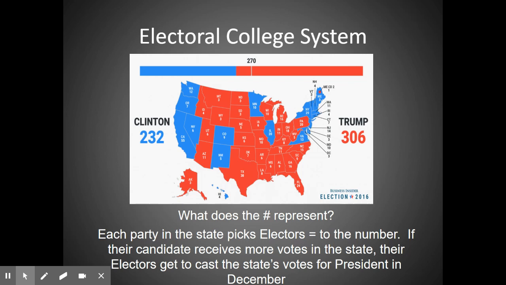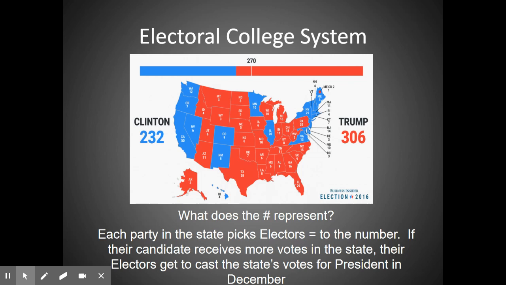And depending on the outcome of your state's popular vote, meaning the actual votes from the people, that would determine which party got to send their, in the case of Pennsylvania, 20 electors. So in the case of 2016, Trump got more votes in Pennsylvania from citizens than Clinton did.